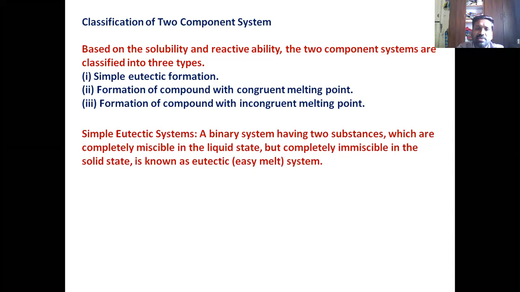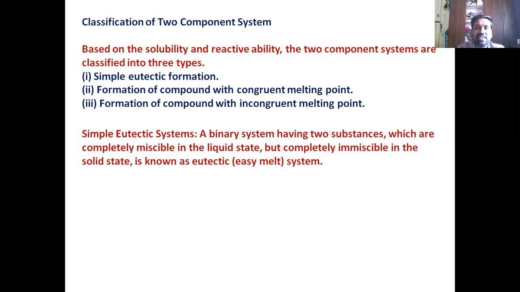Now, what is a simple eutectic system? As the name suggests, it is simple. Why is it simple? Because first of all, the two components in the system do not chemically react with each other at whatever temperature. To that much, our job has become easier, is it not?